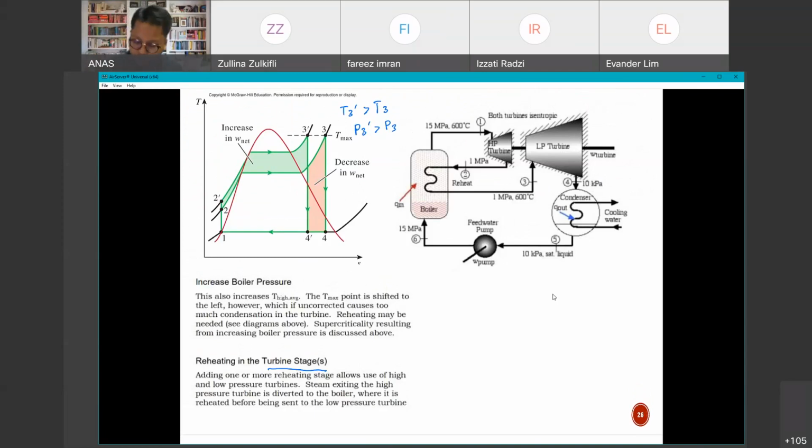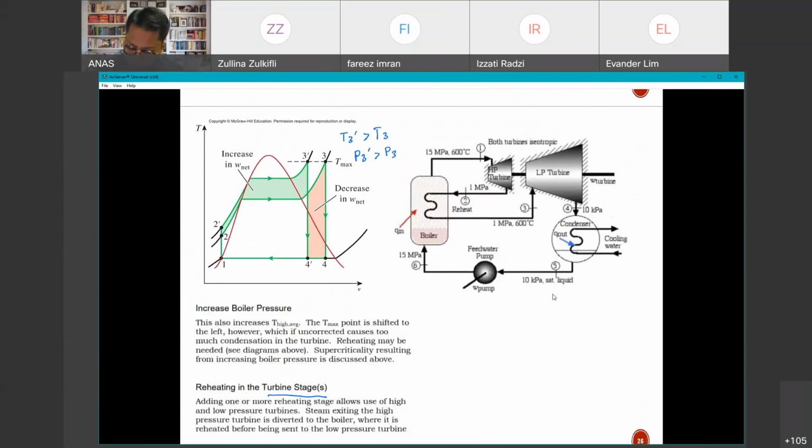Okay, so let's have a look. Why is one called HP and the other LP? Remember, HP refers to the high pressure turbine, and LP is the low pressure turbine. Why is it called LP? If you look over here on the diagram, if I can just go again.